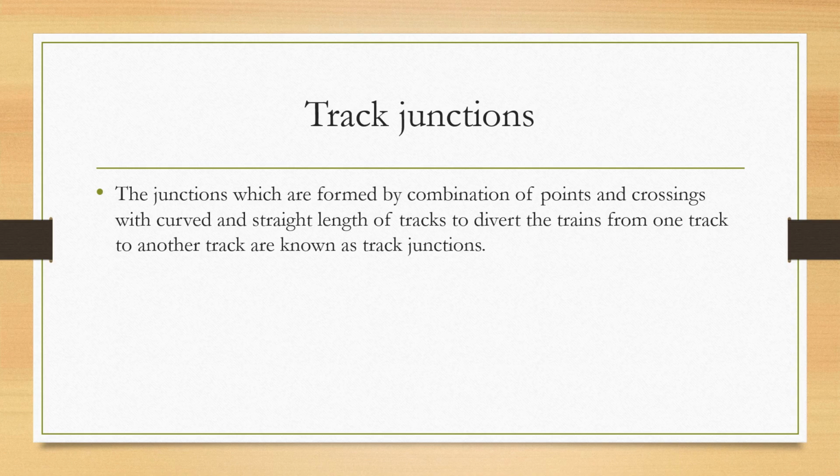This type of track junction consists of four pairs of switches, four acute angle crossings, a diamond crossing, check rail, straight length, etc.